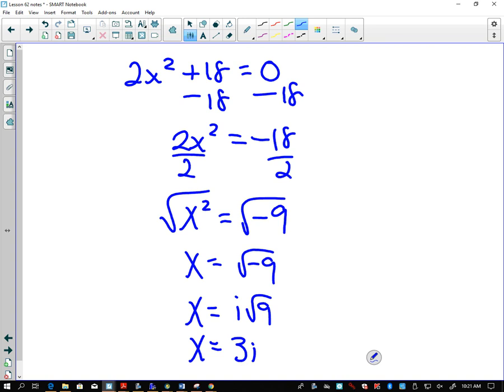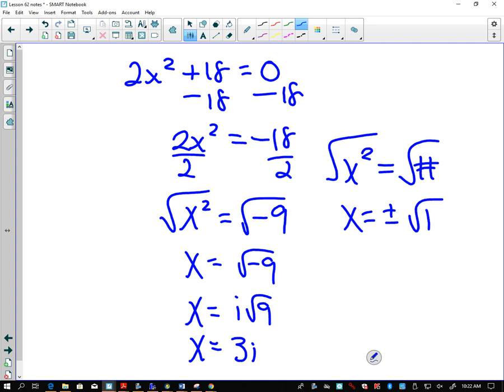Anytime I have x squared equals a number, when I go to square root this, my answer is automatically x equals the positive or negative square root value of that number.